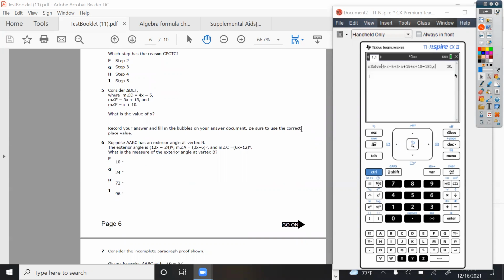Our next one says, suppose A, B, and C have an exterior angle at vertex B. So we're going to have a triangle. Then we're going to say this is A, this is B, because that's where the exterior angle is, and this is C. Then we say that A is 3x minus 6.